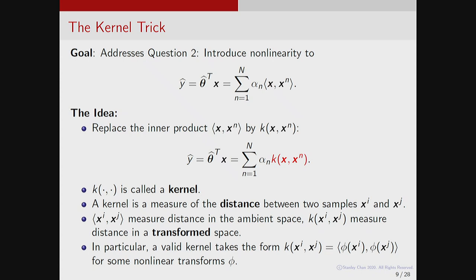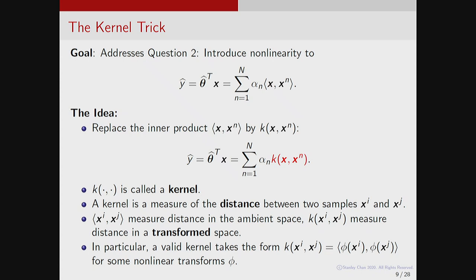This is called a kernel. In a very abstract sense, a kernel is a measure of distance in a new space. Originally, you have two data points in a certain space, and you want to measure them according to some metric. So you transform them into a new space and take the inner product in the new space. That would be the kernel.